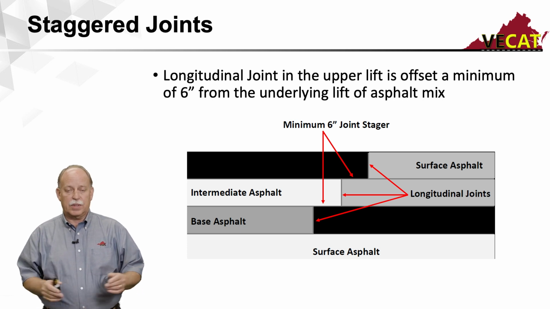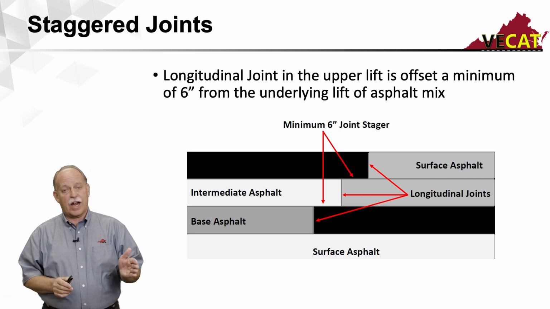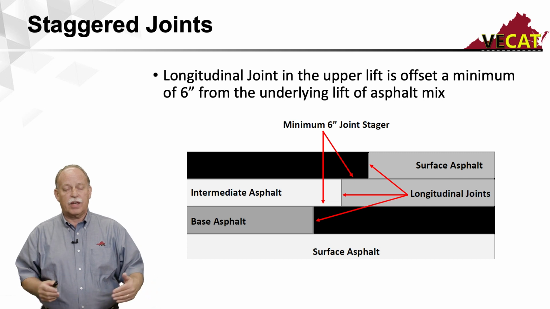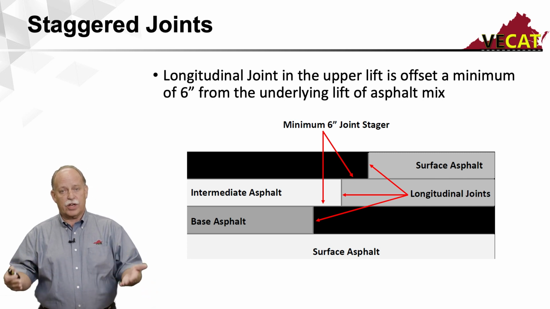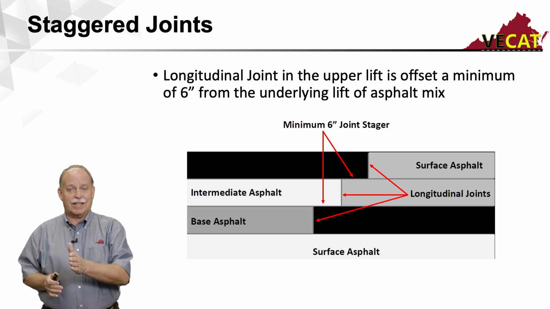We don't want that. What we want is those joints to be staggered, and they need to be staggered a minimum of 6 inches. So when you place your base asphalt lift, and then you come up the next lift to place your intermediate lift, that longitudinal joint needs to be offset or staggered by 6 inches.